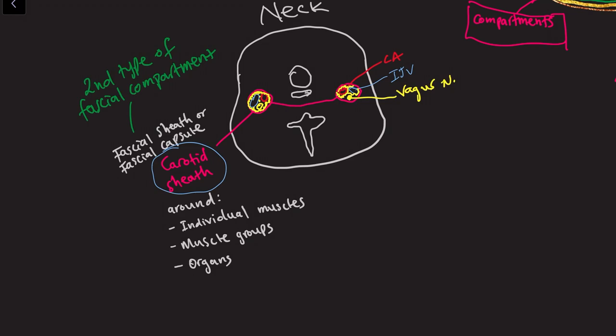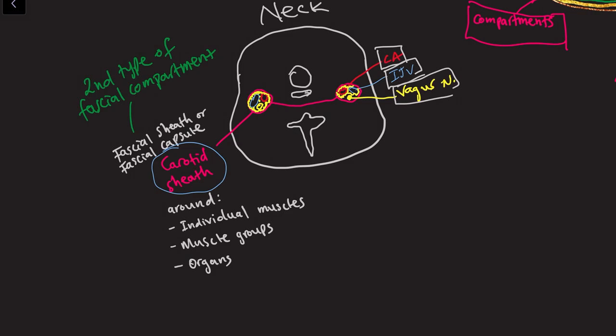For example, in the neck, you'll have the carotid artery here. You also have the internal jugular vein, and then you also have the vagus nerve, right? So that is your neurovascular bundle, and you have it on the left as well as on the right. Now, look at this.